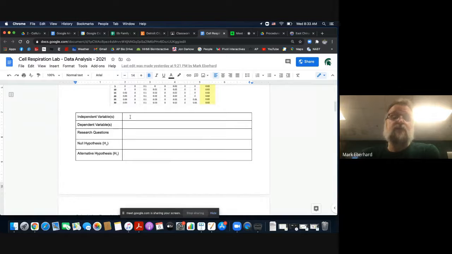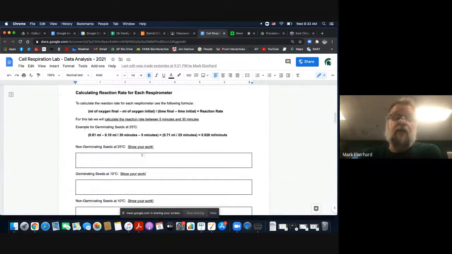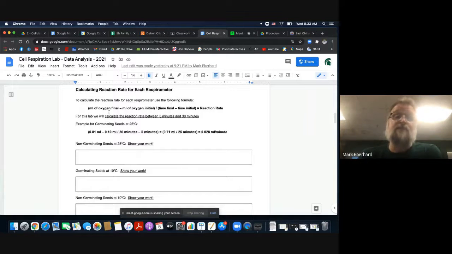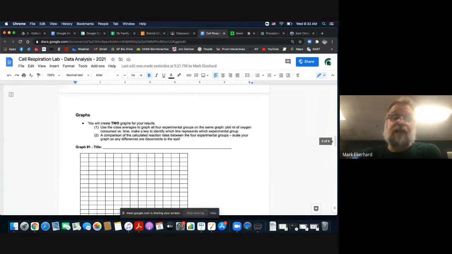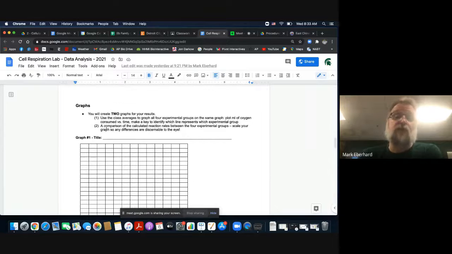You'll be asked to come back to the independent variable, the dependent variables, the research questions, the null and alternative hypotheses. You'll be asked to calculate the rate. This explains how to calculate the rate of the reaction. You'll be asked to create two different graphs. Up here it describes what the two different graphs should be. Again, if you'd rather do those on a spreadsheet and attach them, that's fine.